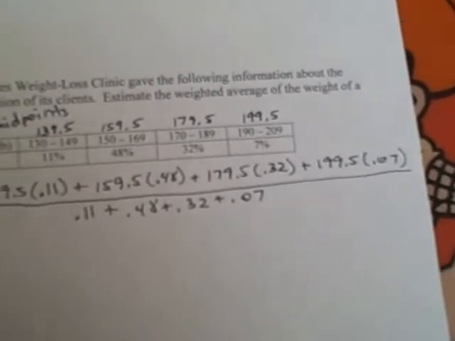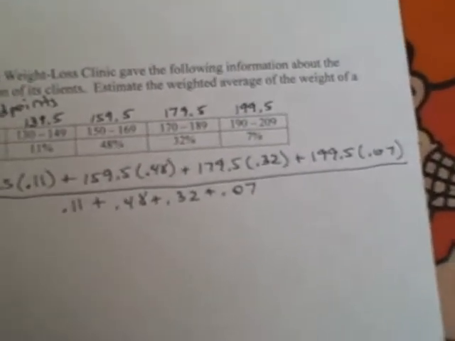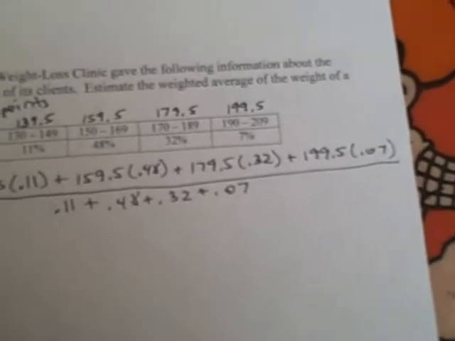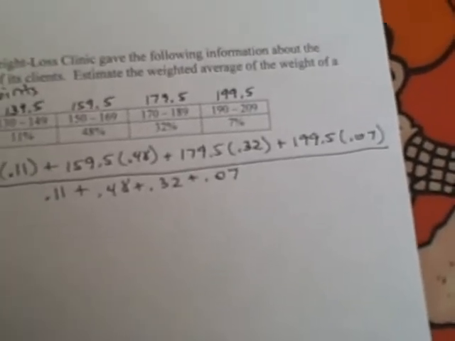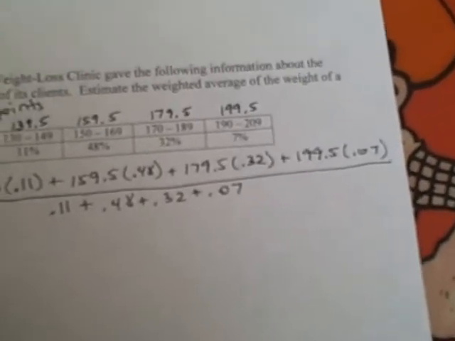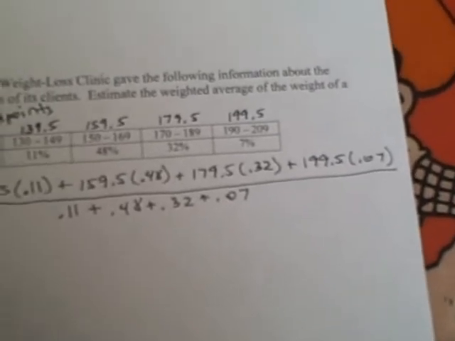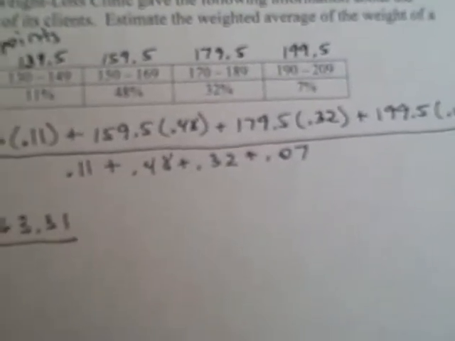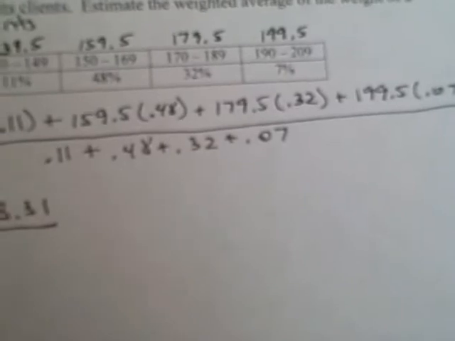All right, so let's work this out. 139.5 times 0.11 plus 159.5 times 0.48 plus 179.5 times 0.32 plus 199.5 times 0.07. And we get 163.31 over, and then we have to add the decimals, 0.11 plus 0.48 plus 0.32 plus 0.07 is 0.98.